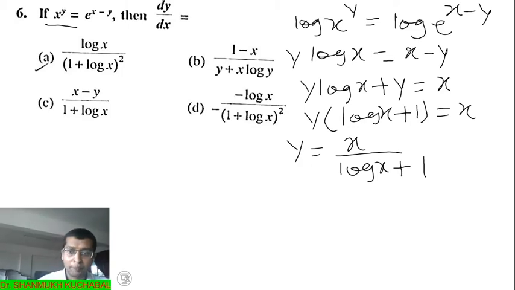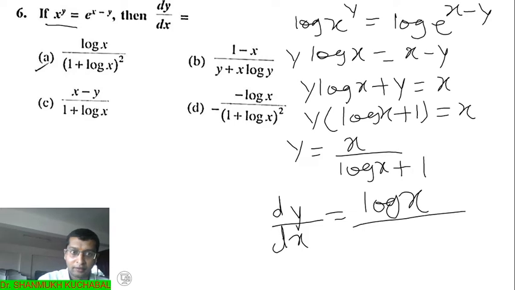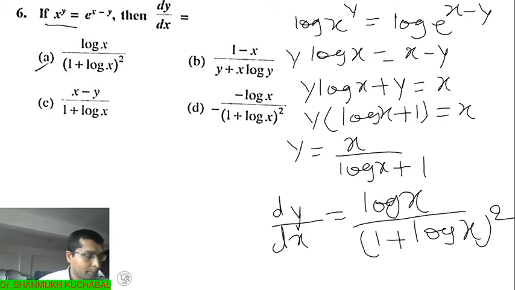We have to apply the quotient rule, that is denominator as it is, numerator differentiation, minus numerator as it is, denominator differentiation, whole divided by denominator square. If I apply that and simplify, we get dy by dx as log x divided by (1 plus log x) whole square. Therefore, option A is the right answer.